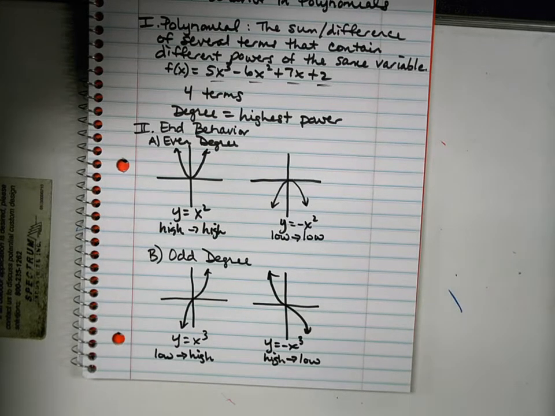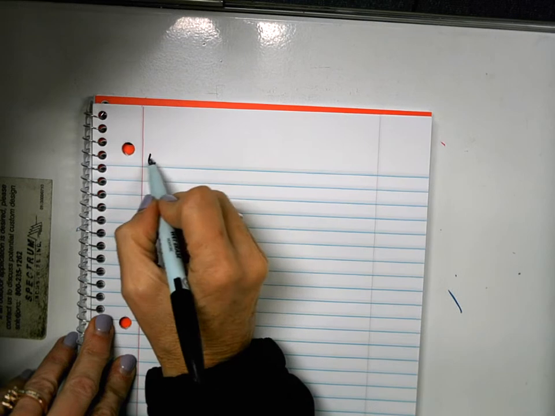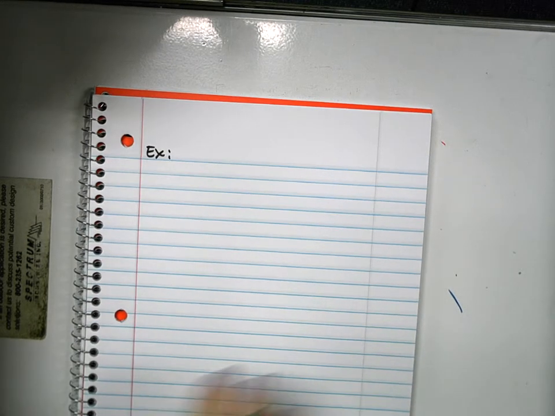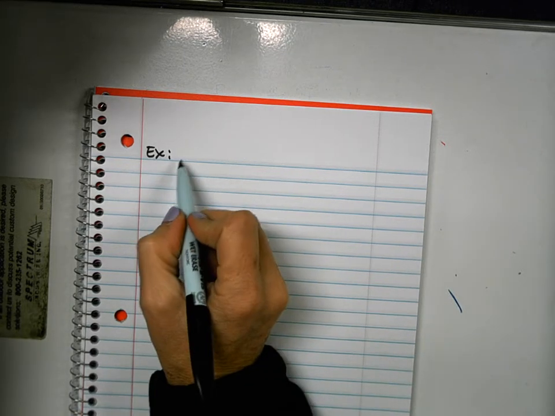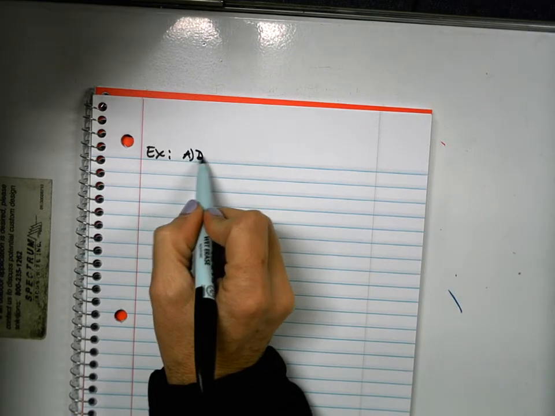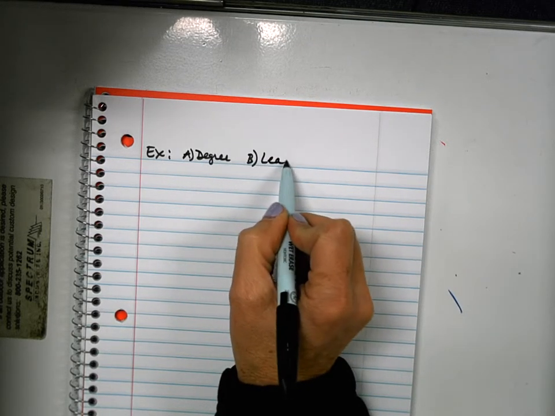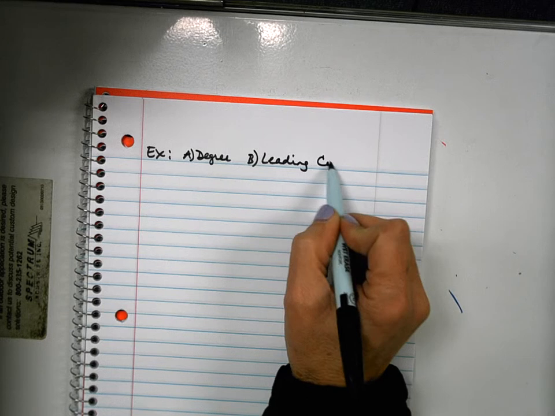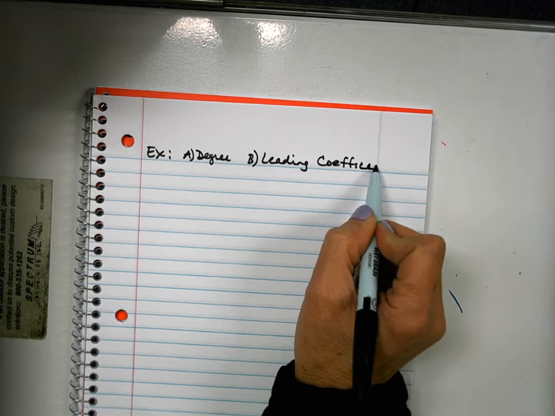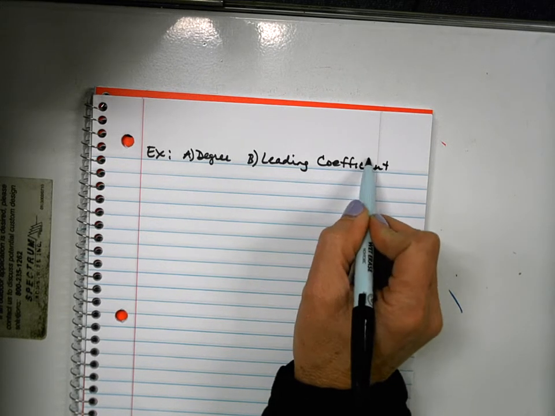All right, so let's try some examples. For this first example, I'm going to have you give me what the degree is, what the leading coefficient is, and then after that tell me the end behavior. So identify: A will be the degree, B will be the leading coefficient, and we really just need to know if that's positive or negative.